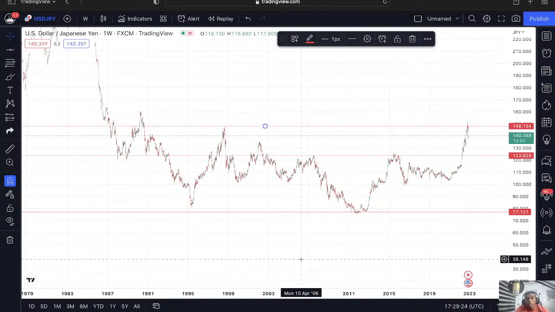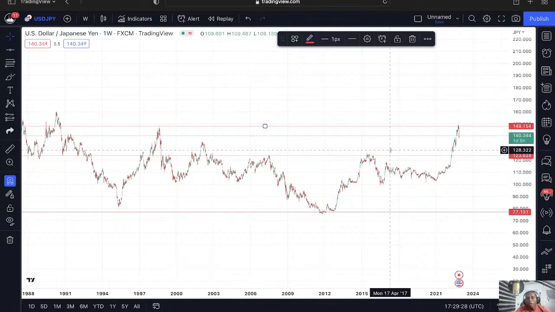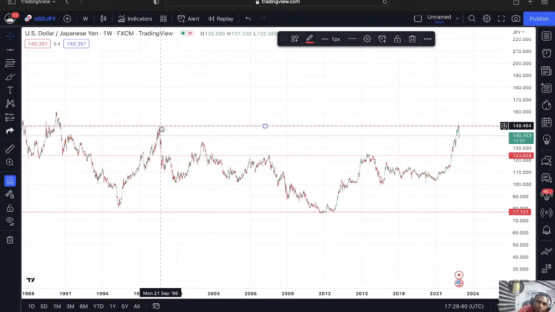So price would not just run through that level, because when you look at the room to the left, you discover that there is no price footprint on that price level until 1998.